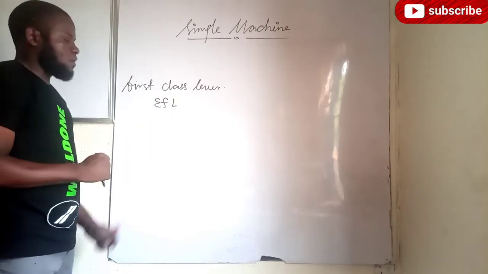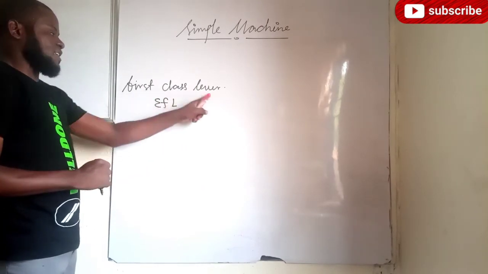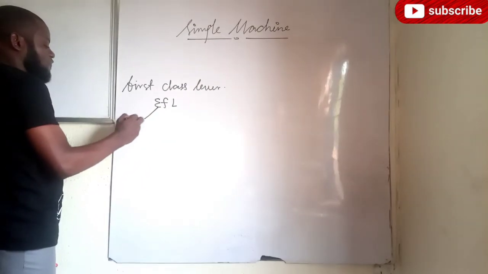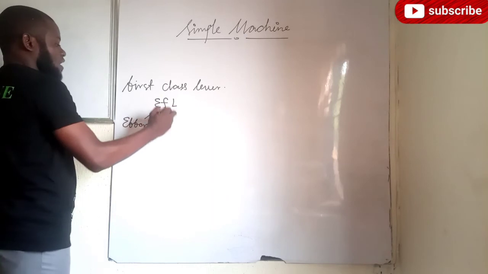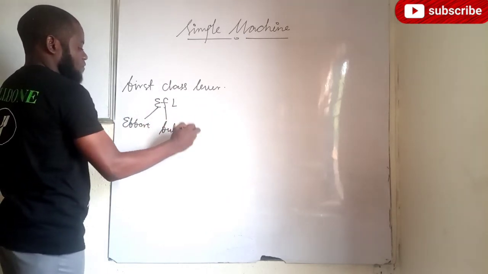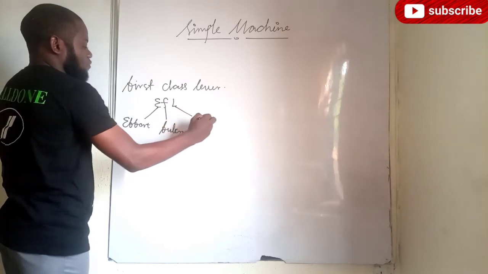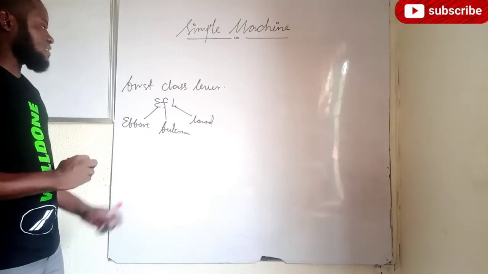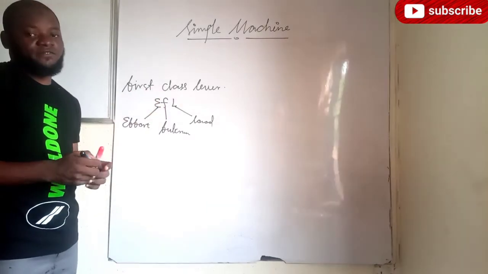The first class level is called EFL, where E is our effort, F is our fulcrum, and L is our load. Now, what are their characteristics? That is the characteristics of the first class level.